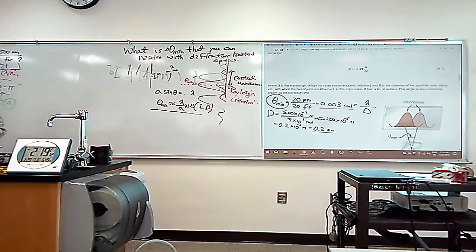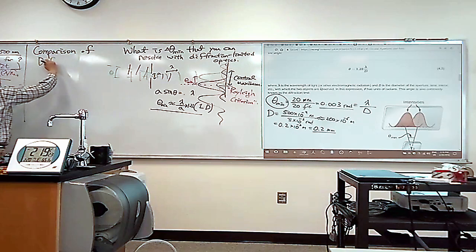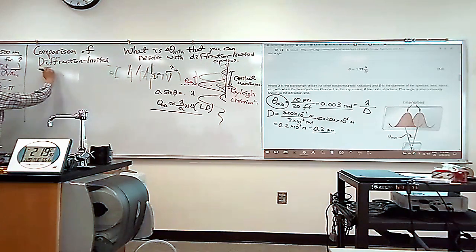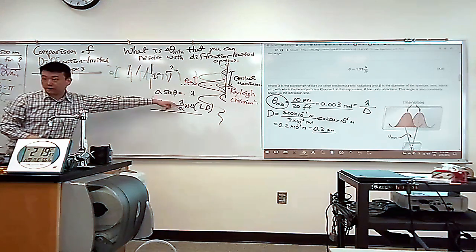So this is the comparison of diffraction-limited telescopes. I'm just going to do the simple one, just lambda over A.